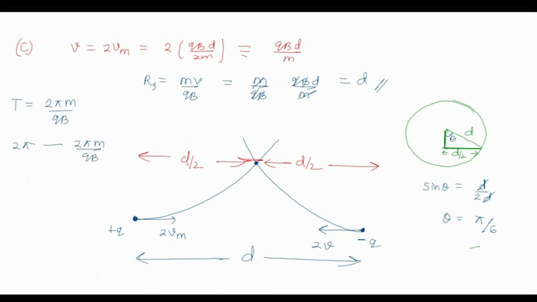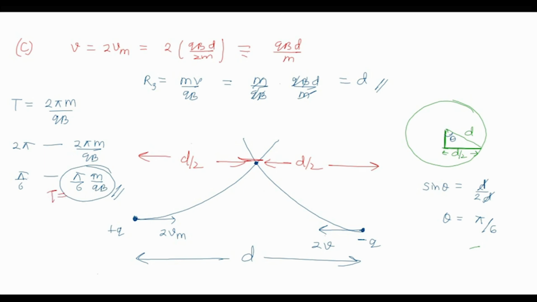So in order to move pi by 6, the time is going to be pi by 6 m by qb. So this is the time after which the collision will take place, that is pi by 6 m by qb.